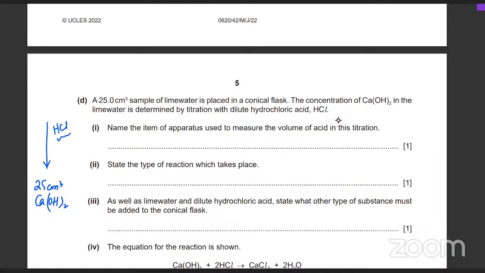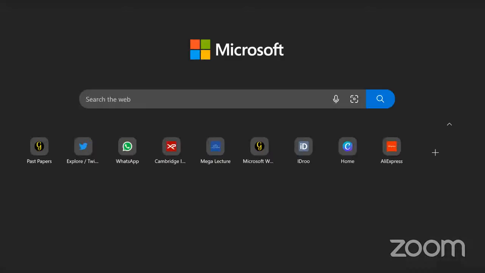So the acid, which apparatus do you add it from above? Your titration apparatus, that's this thing.